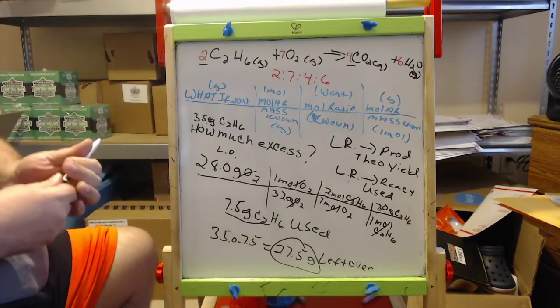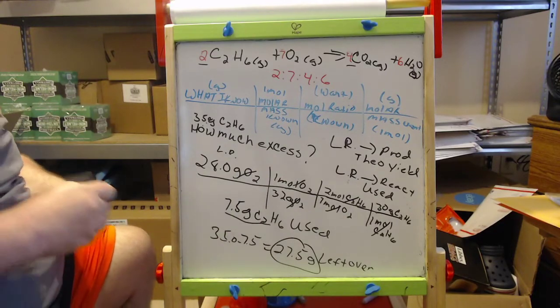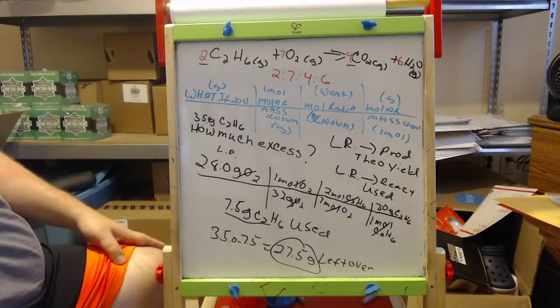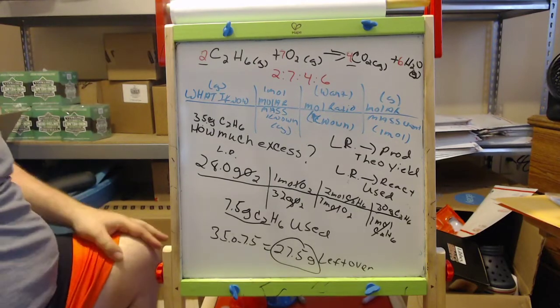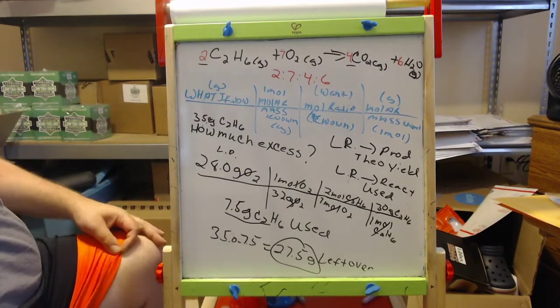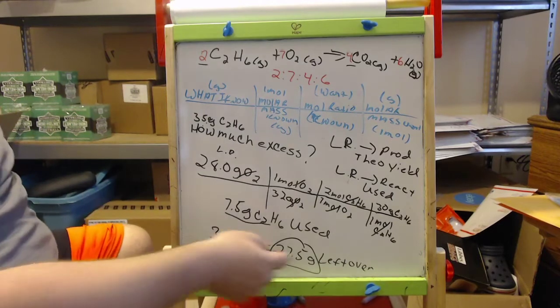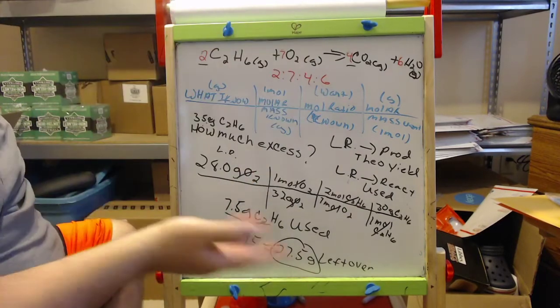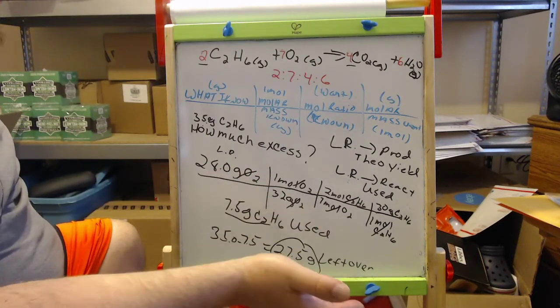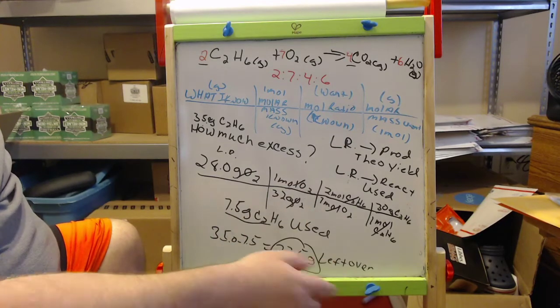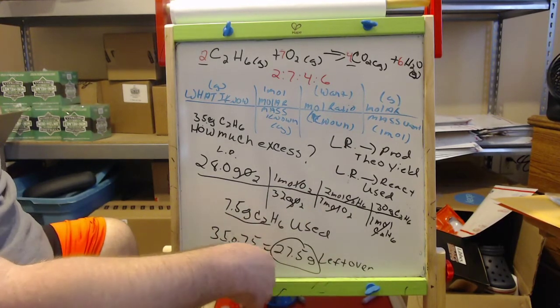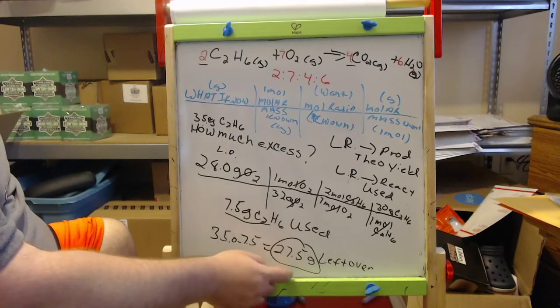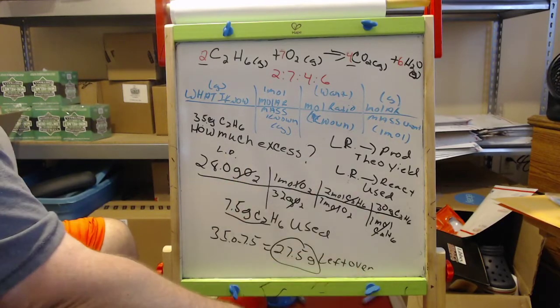Now, why would I want to find how much is left over? Well, I'd want to find how much is left over if I wanted to make my most amount of CO2 and H2O, or give my most yielded product. Or what if this is a toxic substance and I got to figure out how to get rid of it, and I want to know how much should be left in the beaker. Whatever it is, usually you figure out your excess to figure out how much more O2 I will need to dump in to use that up so I can make my max amount of product.